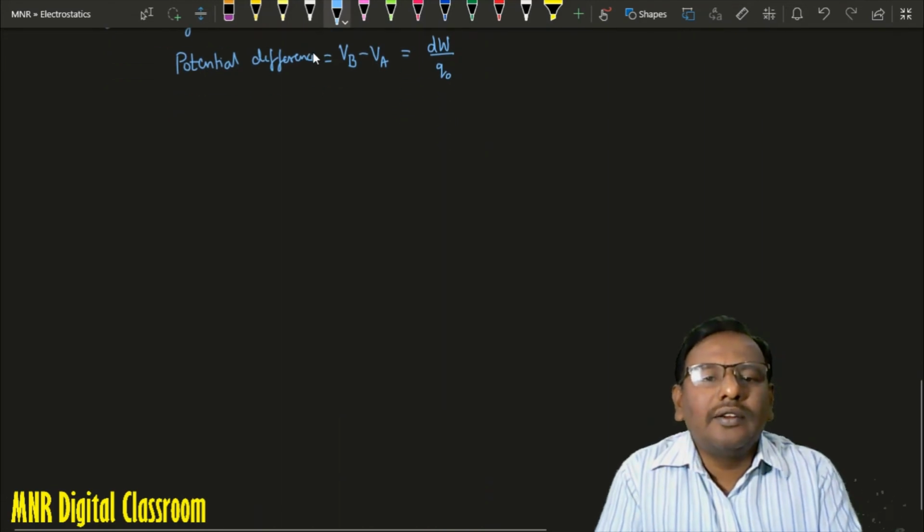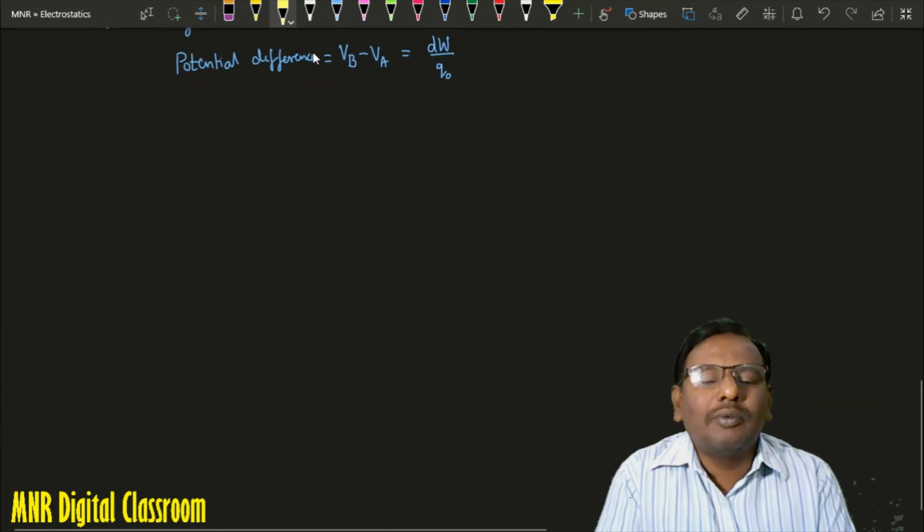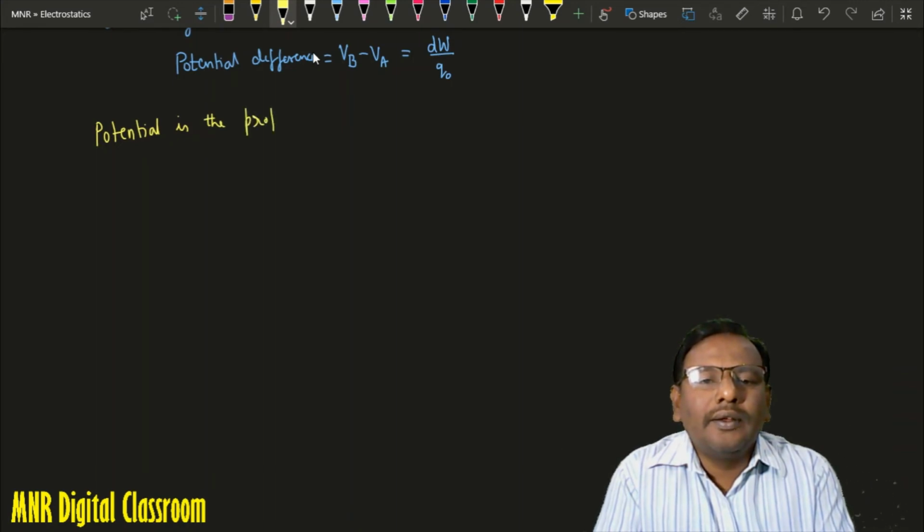Now let us understand some important points related to electric potential and potential difference. We know that the potential is a property of a point in space.